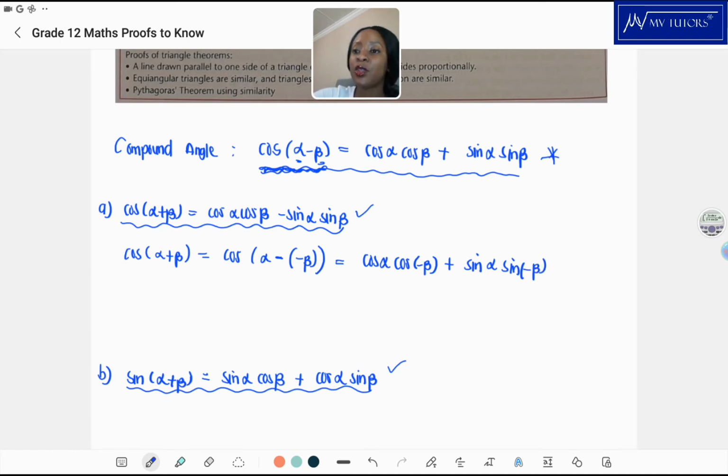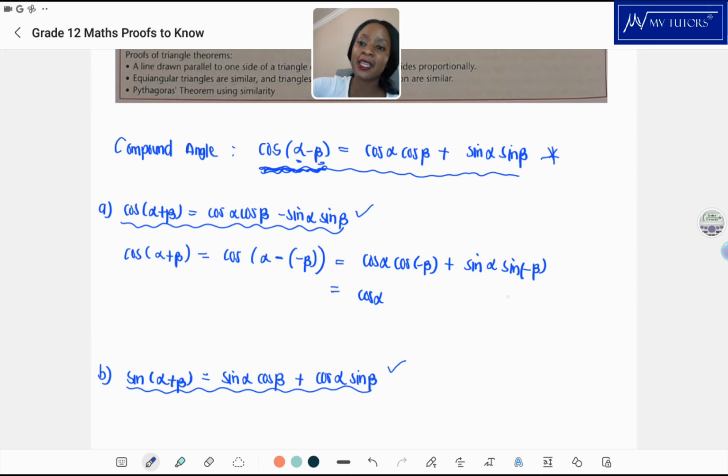Okay, so if I were to simplify it, I would still have cos alpha here. Now the cos of a negative angle is equal to a positive. But whenever you have a negative angle, when it comes to cos, you're gonna get a positive answer.